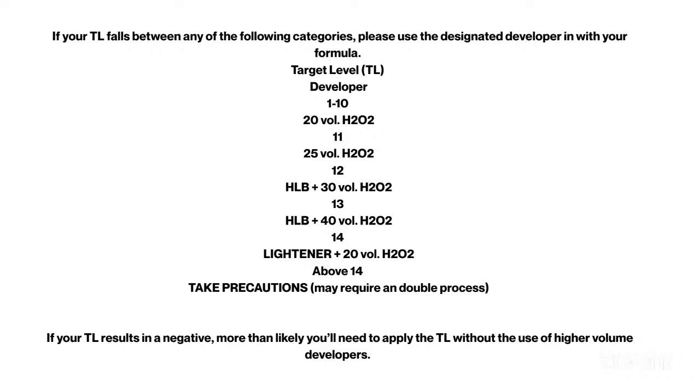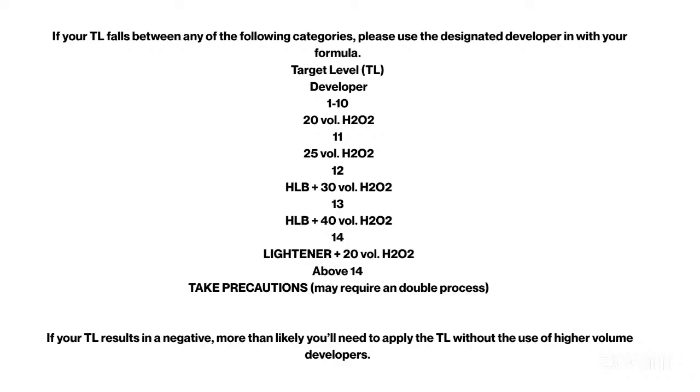If your target level was 11, you're going to use a 25 volume H2O2. If the target level was a 12, okay, that formula is going to be high lift blonde plus 30 volume H2O2.